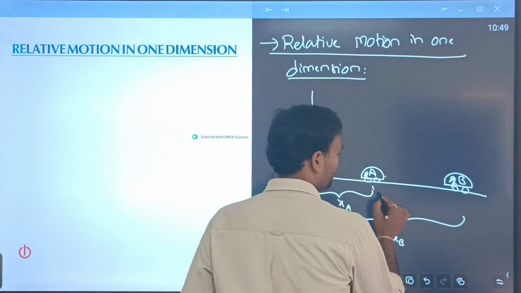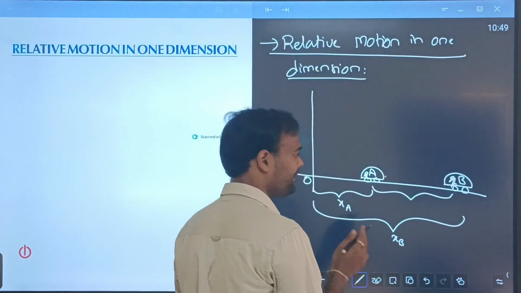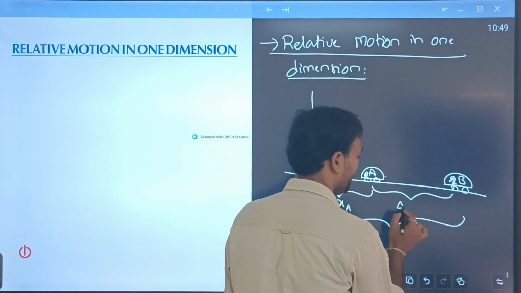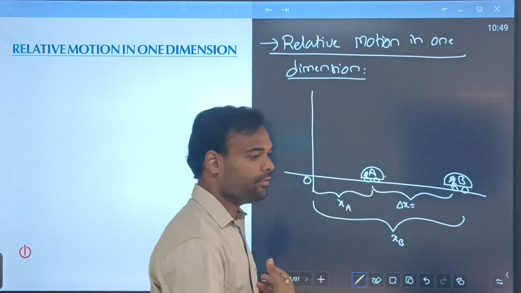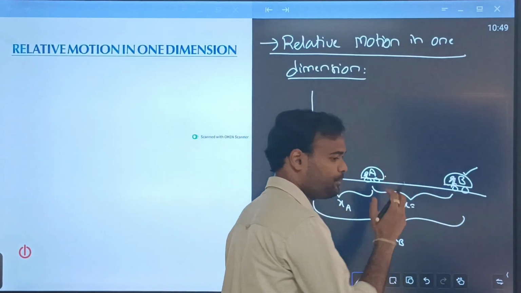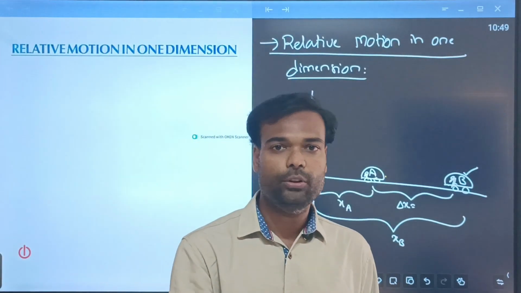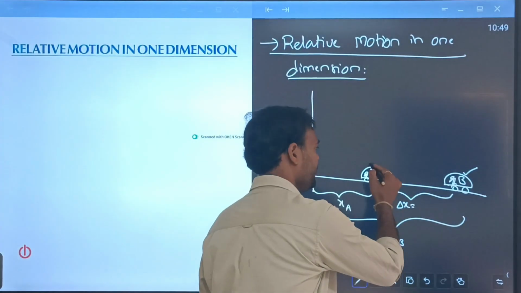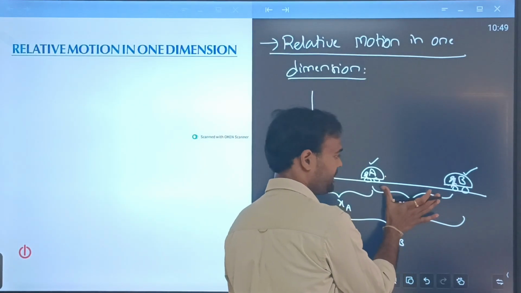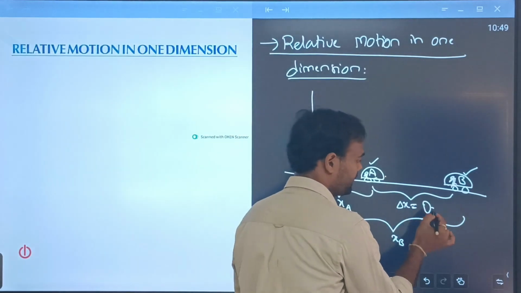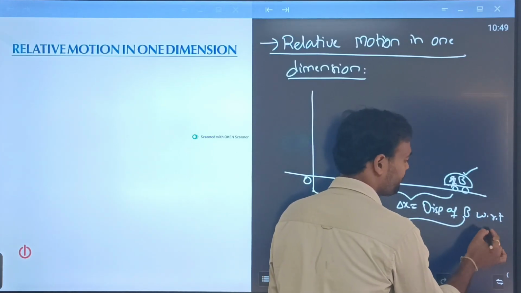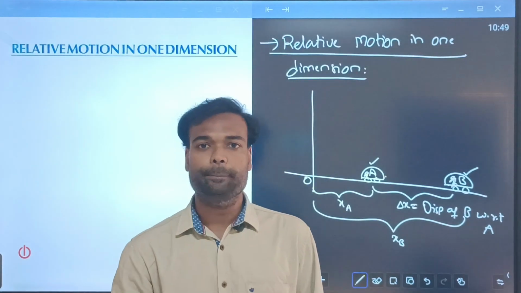Now, can I say this is the distance between B and A? And observe very carefully. Here, the person who is in B has been observed by A. That is, can I say this is the distance or displacement of B with respect to A?